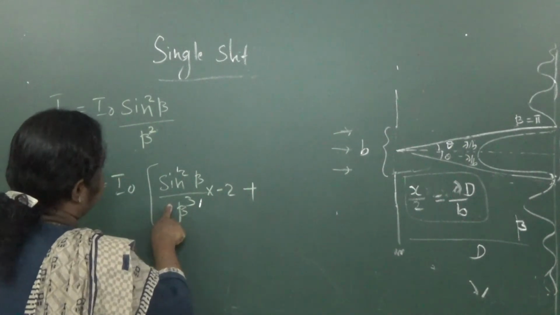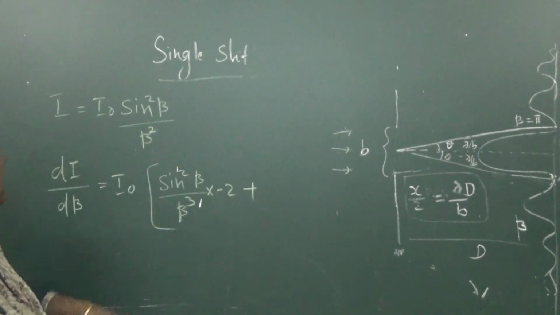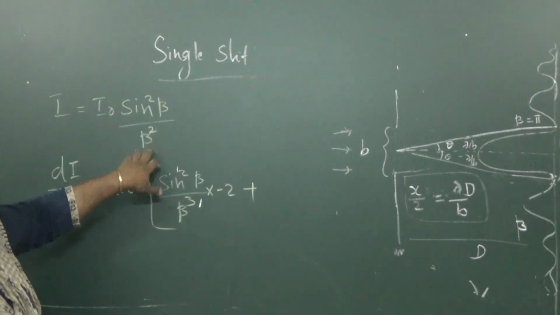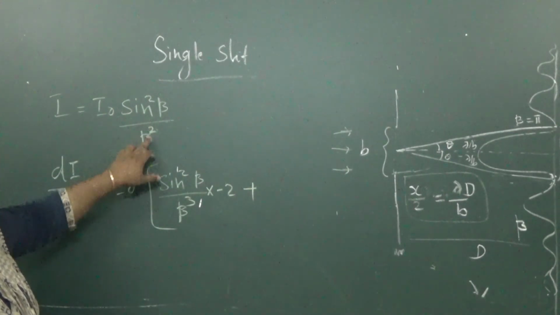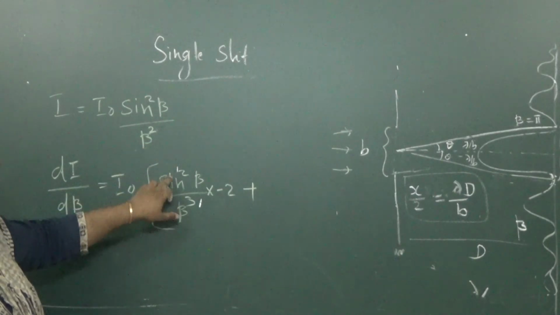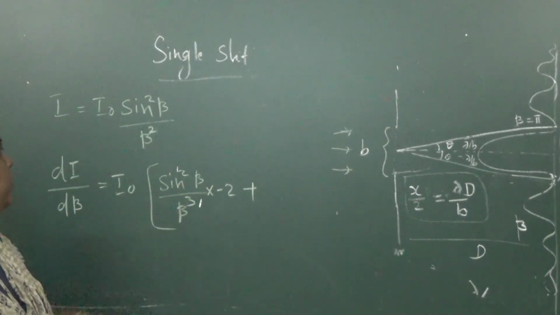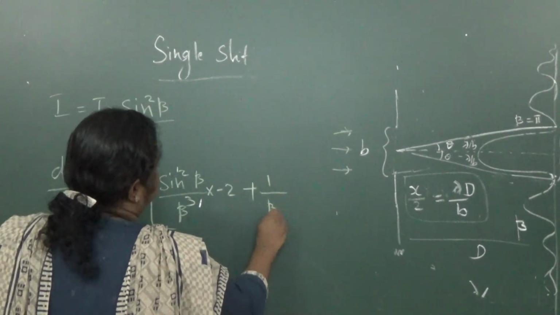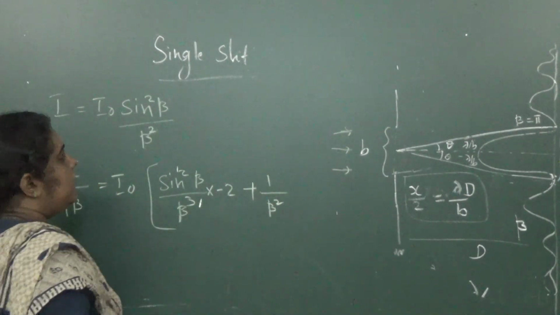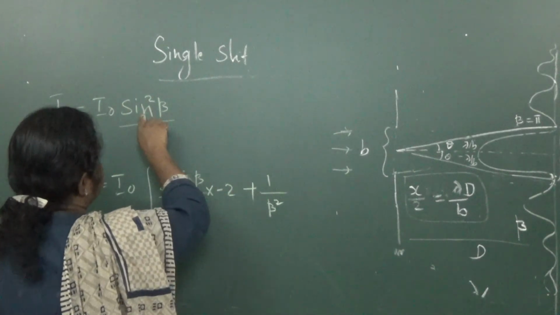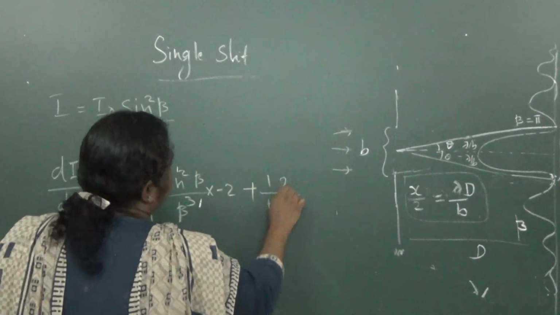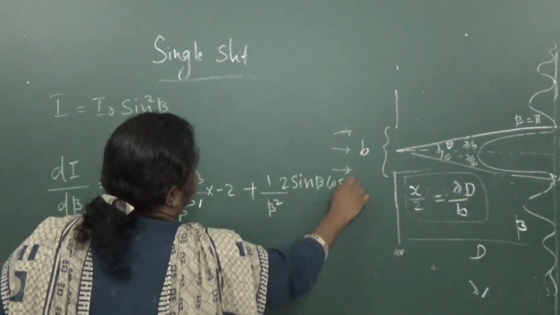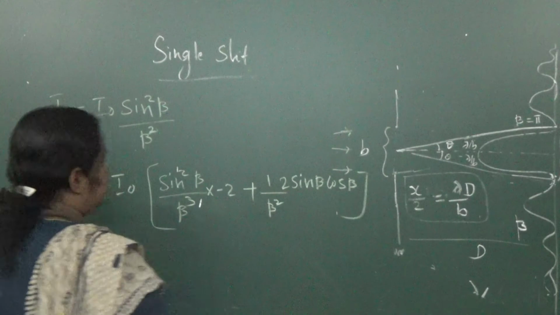If I am taking the UV method, because I kept sin square beta here, then I take d by dβ for 1 by beta square, that is minus 2 by beta cube, times sin square beta, plus then 1 by beta square I am taking as a constant, then sin square beta derivative is 2 sin beta cos beta. Okay, this is our condition.